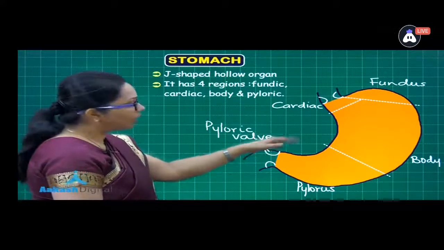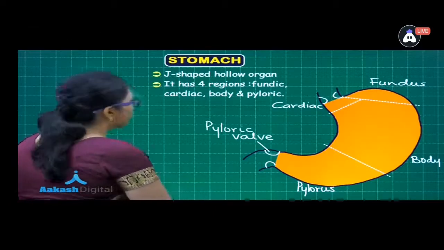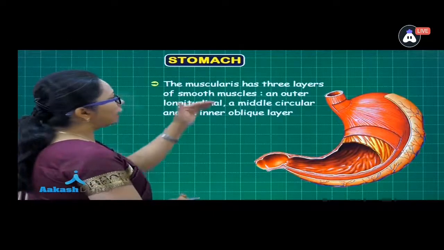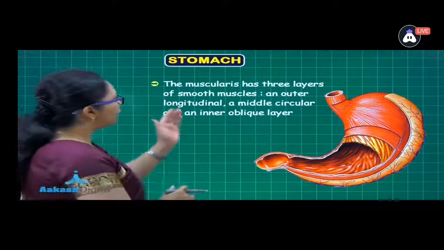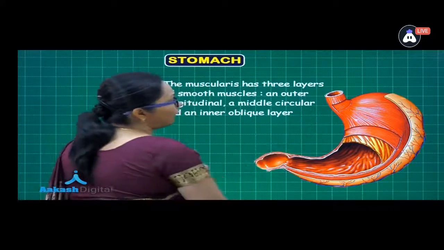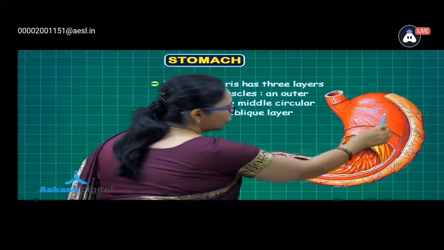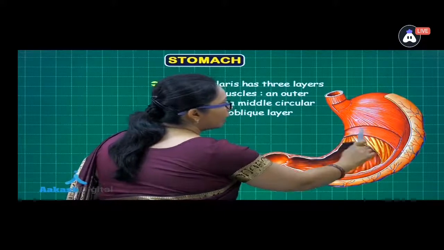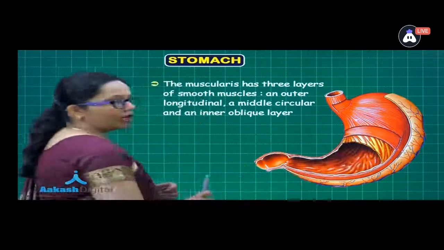Now, what are the basic differences in the histology of the stomach? Here we can see that in the wall of the stomach, where the muscularis externa is present, there are, instead of 2 layers of muscles, 3 layers: the outermost longitudinal, the middle one circular, and inner to the middle one an oblique muscle layer.